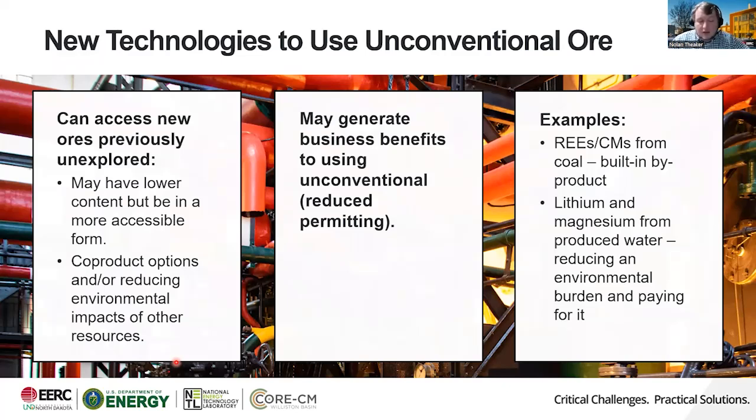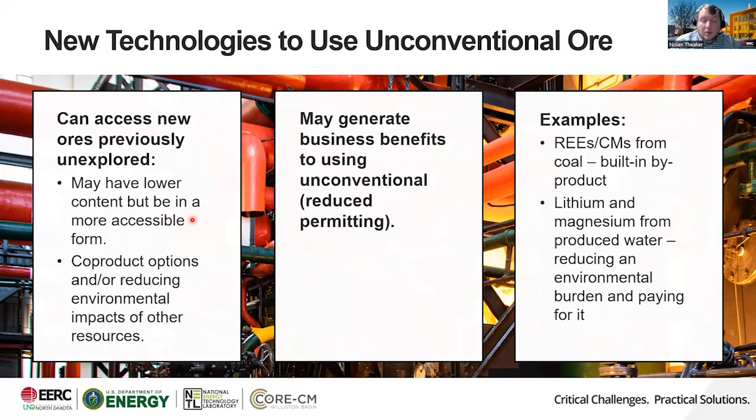Additionally, as I mentioned earlier, and as John mentioned with the other ores that we're looking at in the Williston Basin, we're looking at new technologies to use these unconventional ores, and there are a lot of advantages to that. Some of these ores might have a lower content of these critical minerals than some of the existing hard rock ores you might find in some mines, but they might be in a more accessible form, like what we find with the rare earths in lignite.